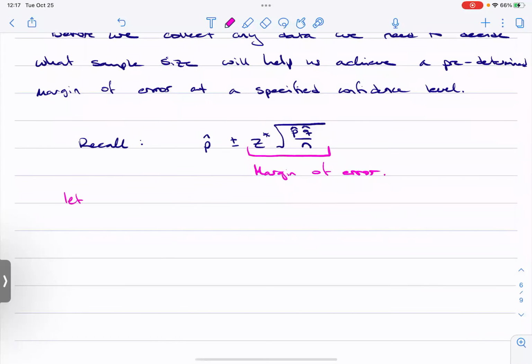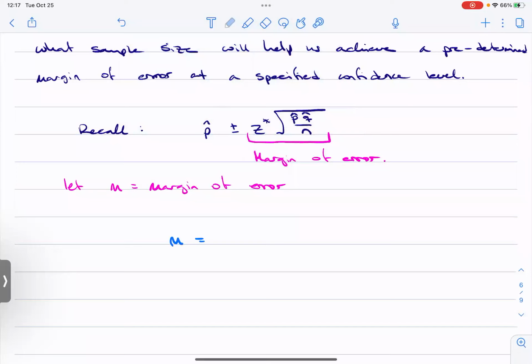Then m is this chunk: m is equal to z star times the square root of p hat q hat over n. And we want to solve for n.